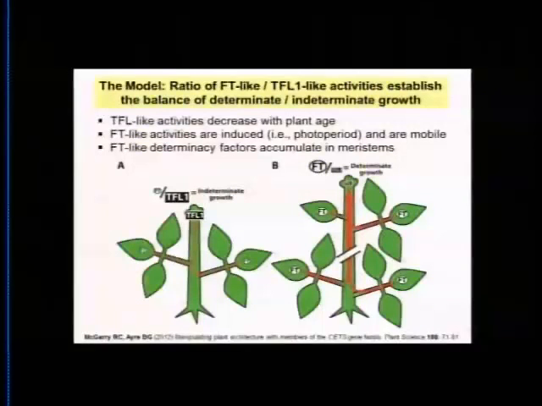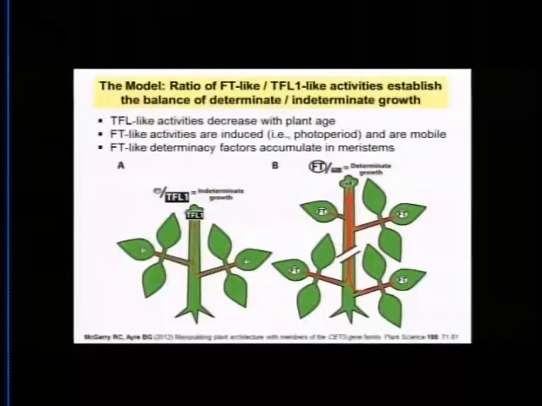Now, as the plant ages, the level of terminal flower expression is naturally repressed. So the signal for vegetative or indeterminate growth naturally declines, and in the meantime, we have more and more leaves. The leaves are producing more and more flowering locus T, which causes an amplified signal to move to that vegetative meristem.